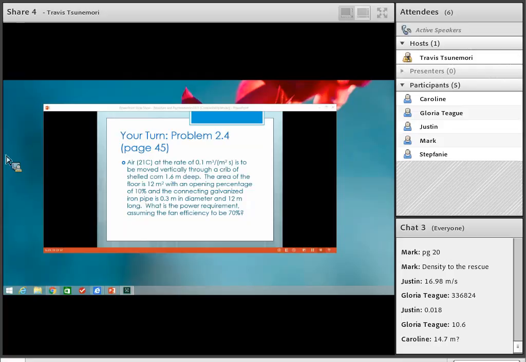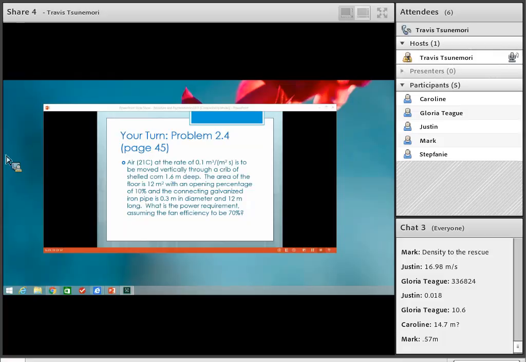Anybody got a guess? An educated guess. Or the correct answer. I'll take either. Yes, 0.6 meters. Okay, so we've got our floor.